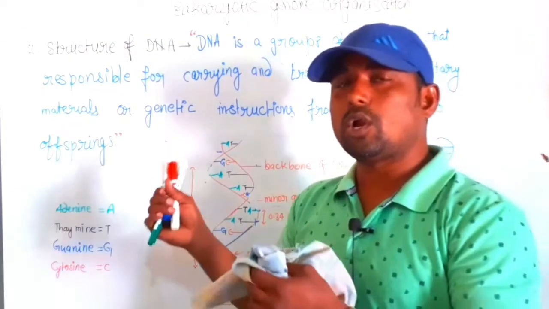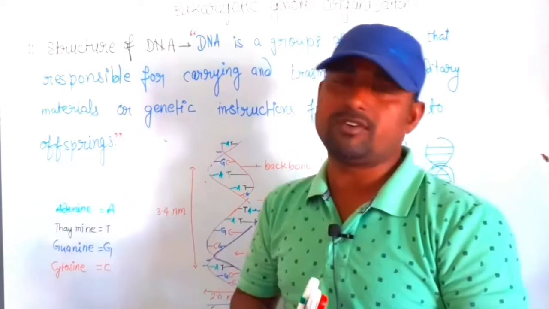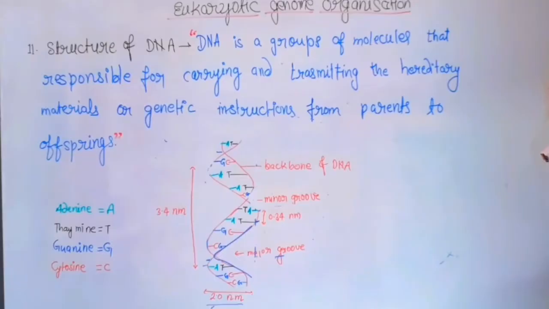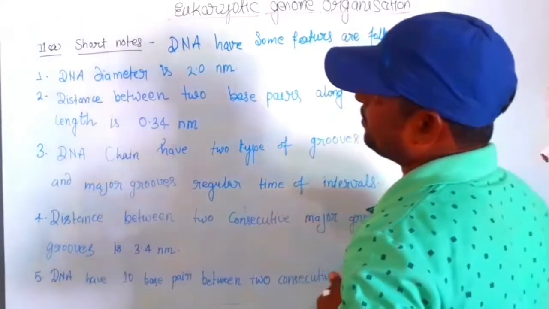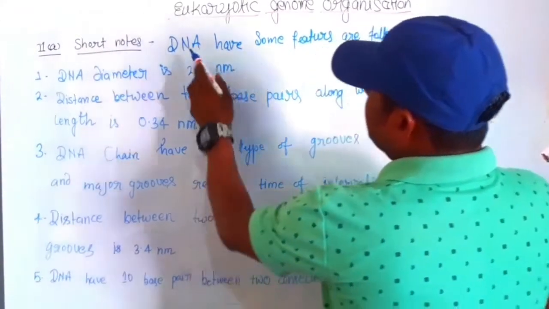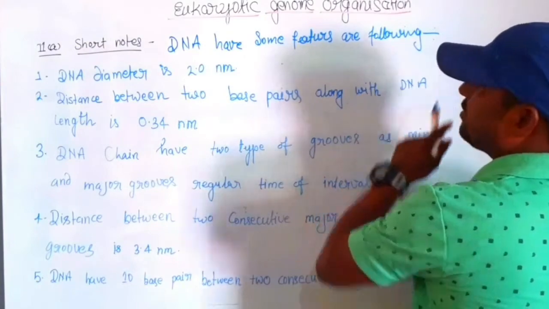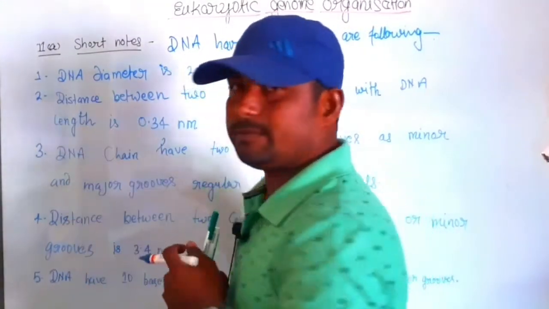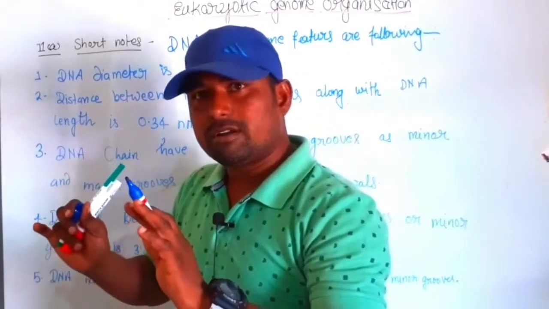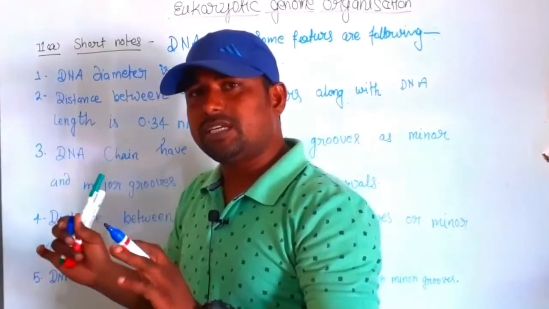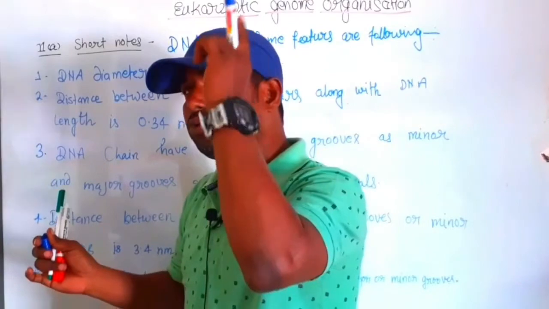You can draw the structure of DNA. Let's see the short note. DNA has some features, as follows. Number one, as we saw in the structure earlier, let's see the short note. Think about this.